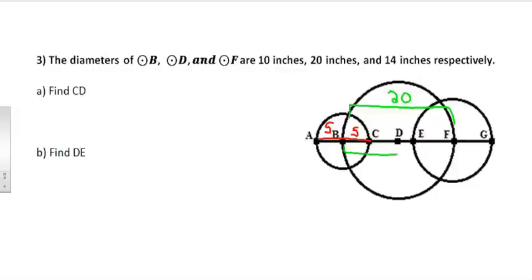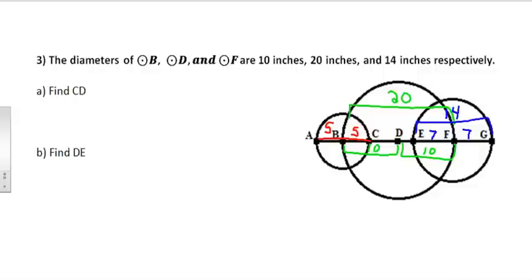So from B to D would be 10, and from D to F would also be 10. And circle F has a diameter of 14 inches. If its diameter is 14 inches, I would know both of its radii would be half of that. So EF here would be 7, and FG would also be 7.